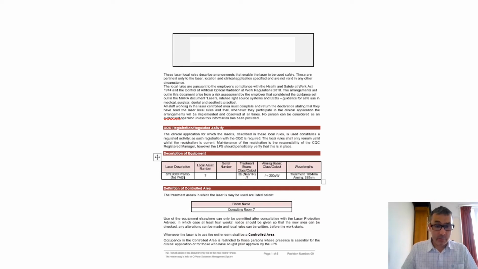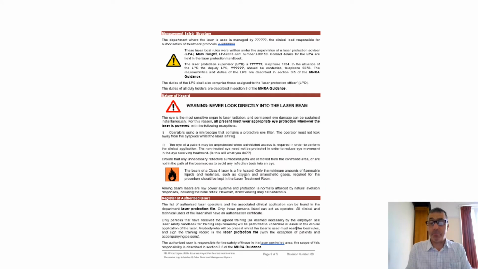So it's with the walls and doors of the unit, of the controlled area itself. We've got a section there about the management safety structure, who's the laser protection advisor, laser protection supervisor, and some contact details for those individuals.